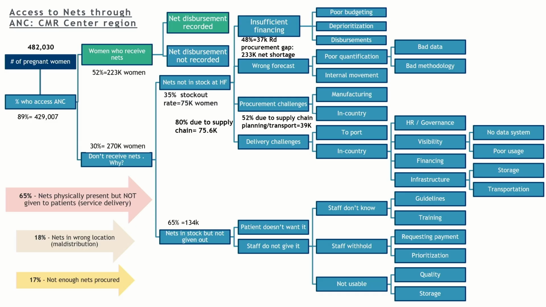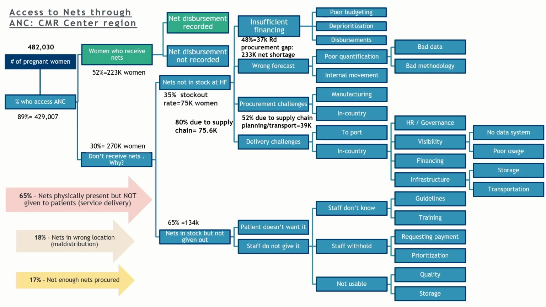When we took our stockout rate of 35%, we could see that there's a big percentage where there are nets not in facility. But 65% of the time, the nets are in facility. The stockout rate we used was an average stockout rate across multiple years, because in Cameroon, there's a complex distribution and supply chain process happening over a 3-year period, where in some cases, they're relying on leftover nets or nets that have been previously procured but delivered later.